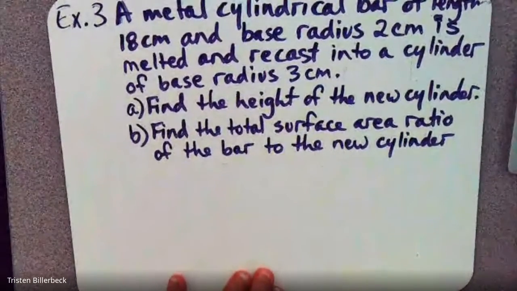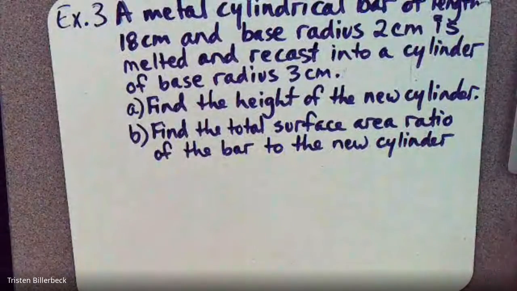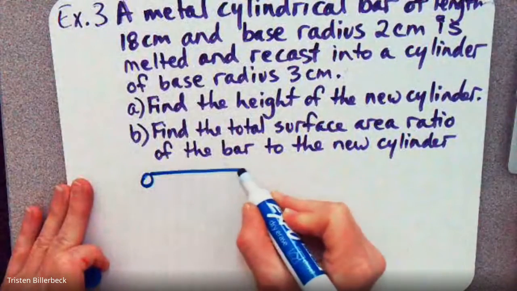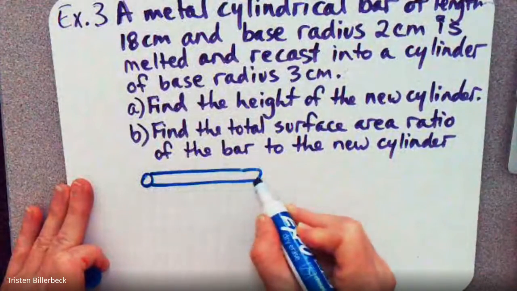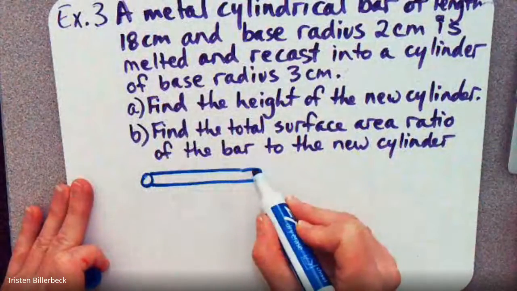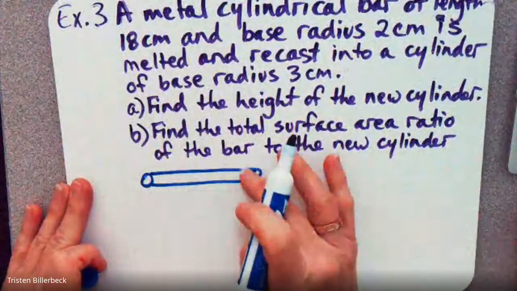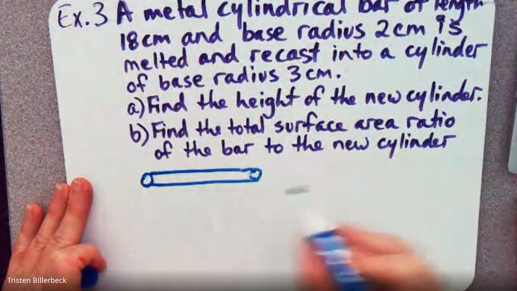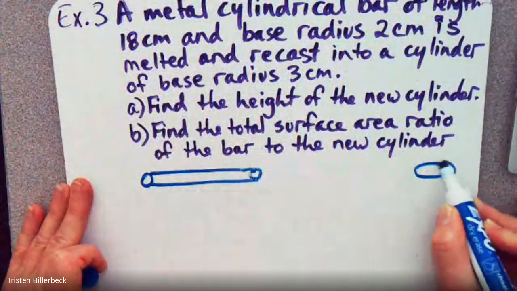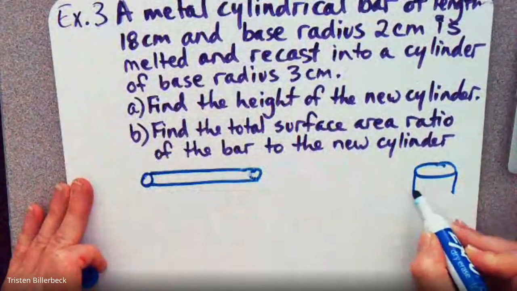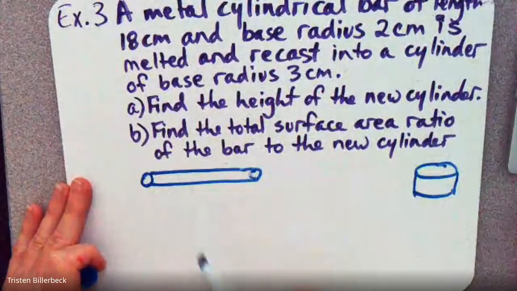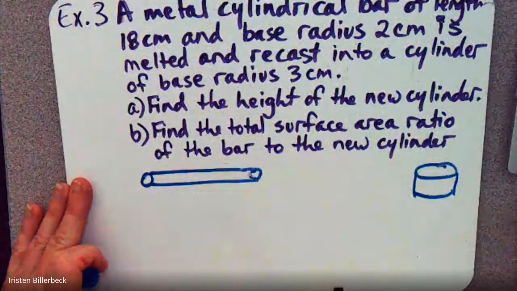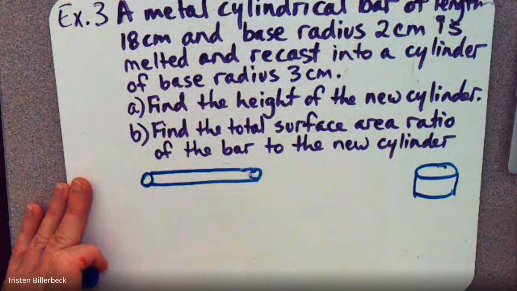Okay, we have a cylindrical metal bar, length of 18 centimeters. So we have this bar here that's very long and very narrow, and then it's getting melted down and recast as a cylinder. That's where you get bar stock, because you melt it down into other shapes and make castings that way.